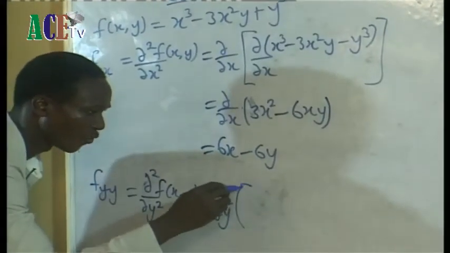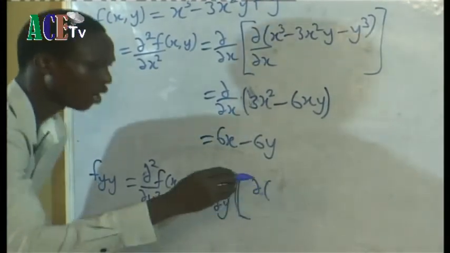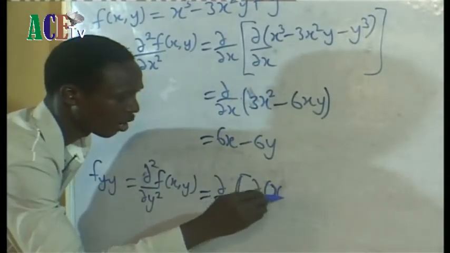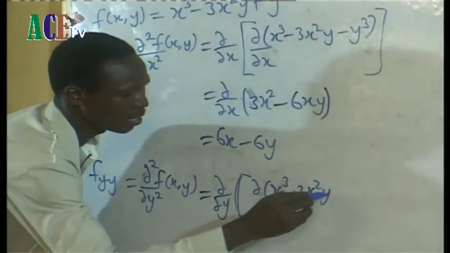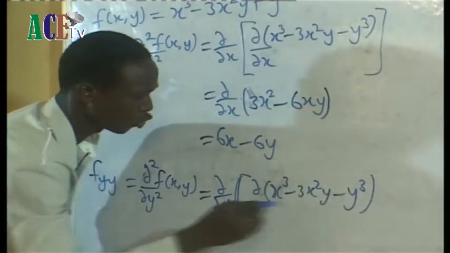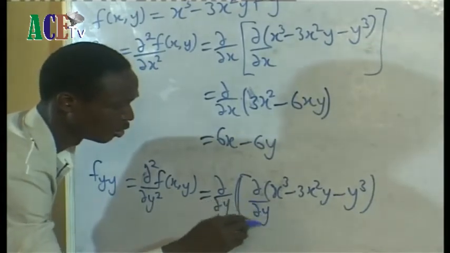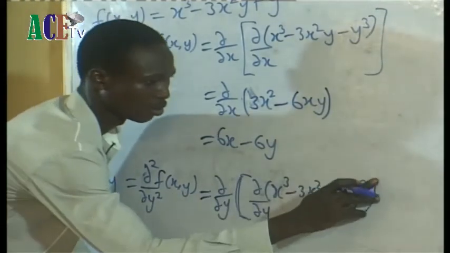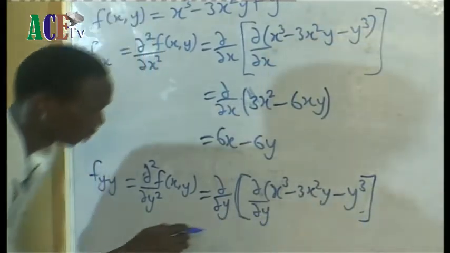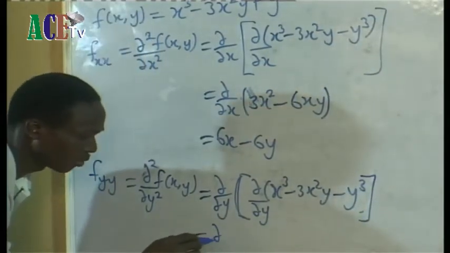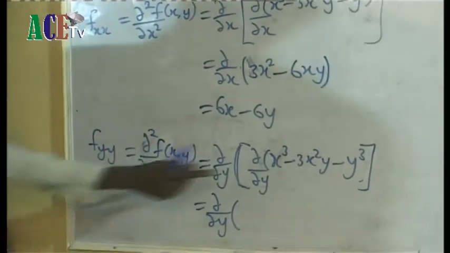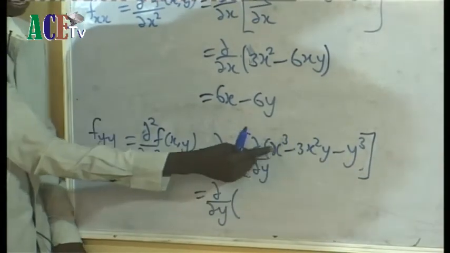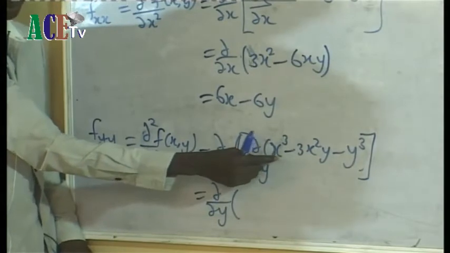which is the same thing as the y of the x cubed minus 3x squared y plus y cubed the y, which is equal to the y of, I'll first of all differentiate this one with respect to y. This one will be 0 with respect to y.